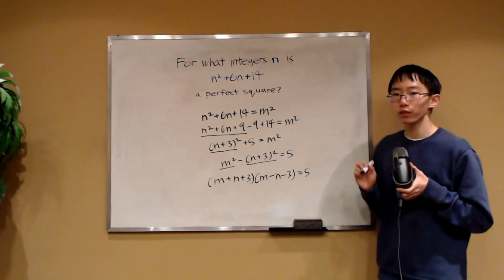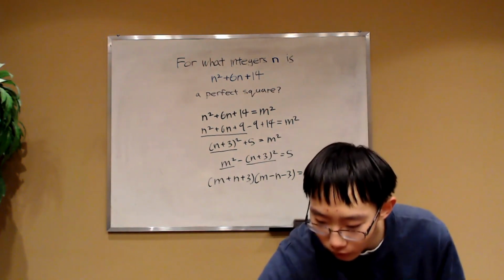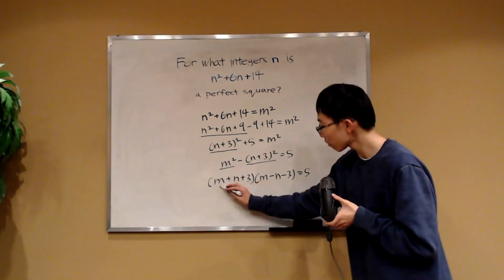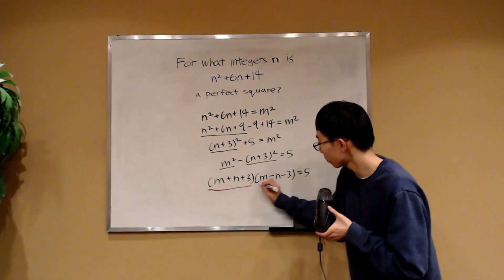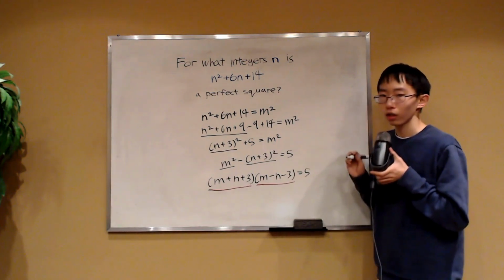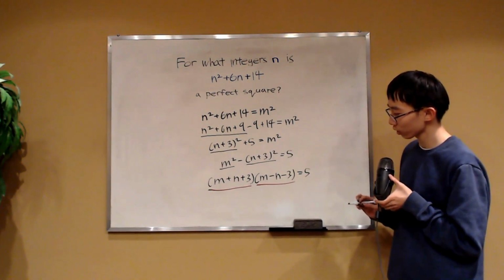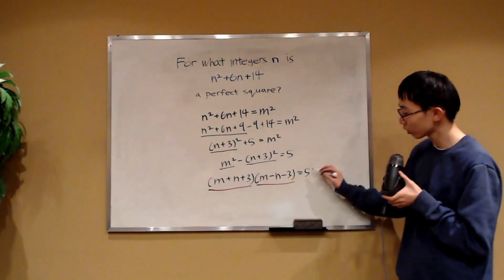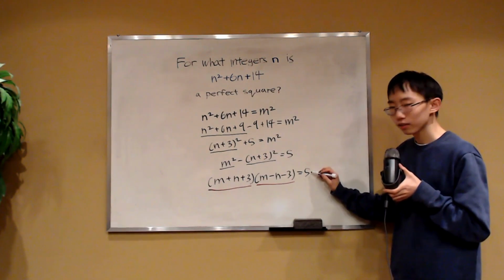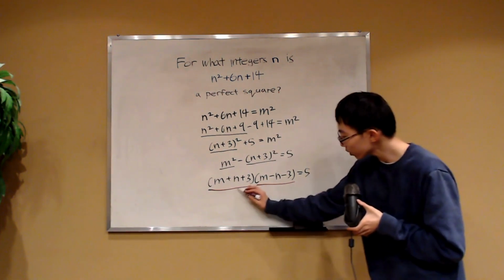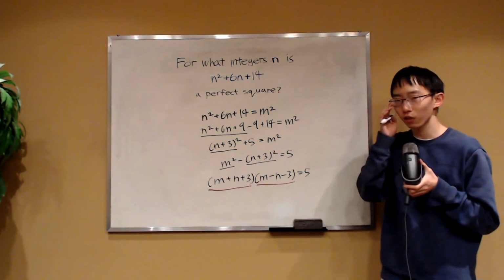Now observe this. Firstly, we know that m and n are integers. So this means that both of these bracketed terms are also integers. And this equation is telling us that the product of two integers is equal to 5. Well, if it's equal to 5, then both of these bracketed terms are factors of 5.